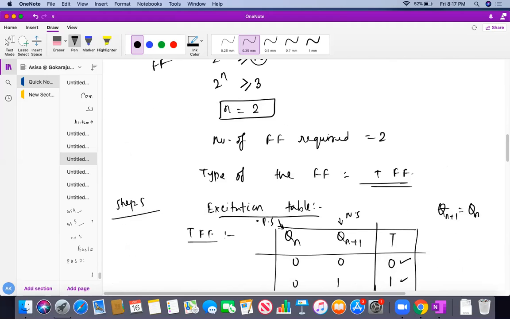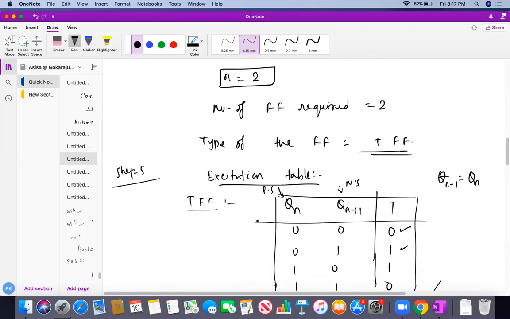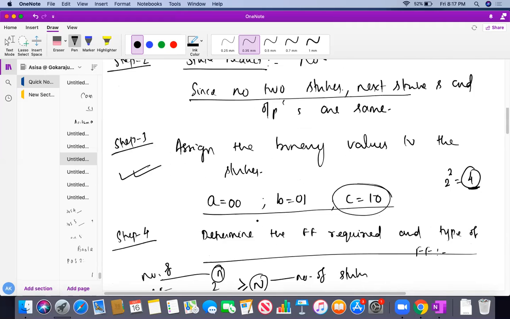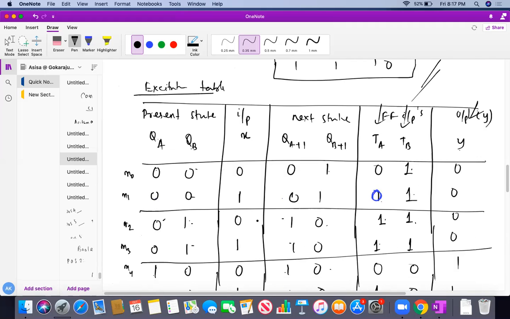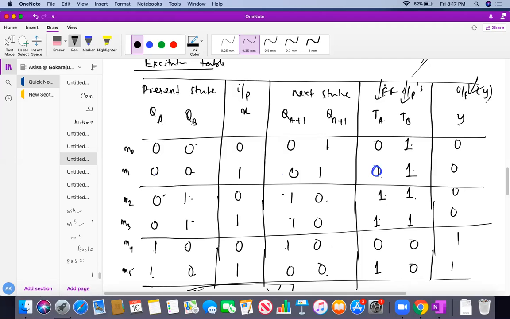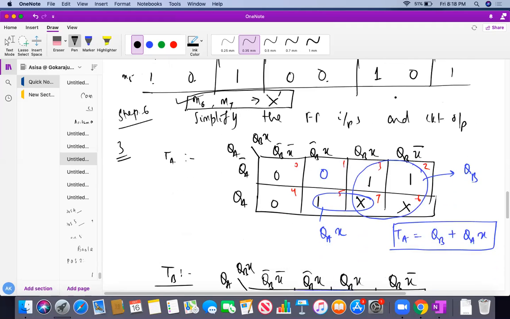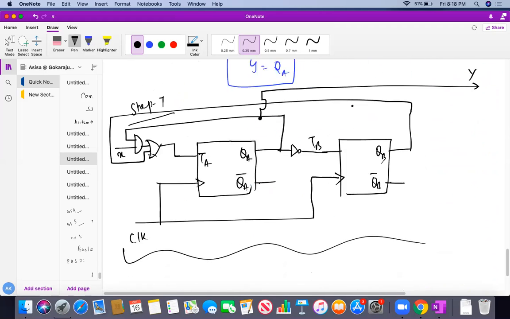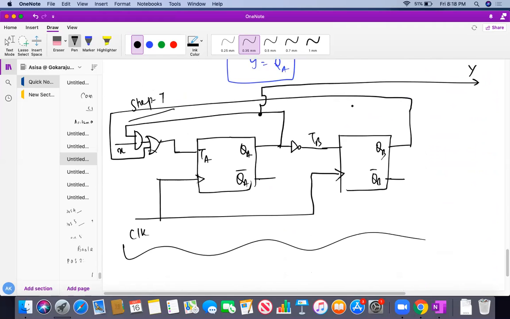If the type is given, use that particular flip-flop; if not, you can take any flip-flop you wish. Next, with the help of the excitation table and the state table, you can find the flip-flop inputs and the output of the circuit. Then finally, simplify the flip-flop inputs and output using K-maps and draw the sequential circuit. These are the analysis and design of clocked sequential circuits.